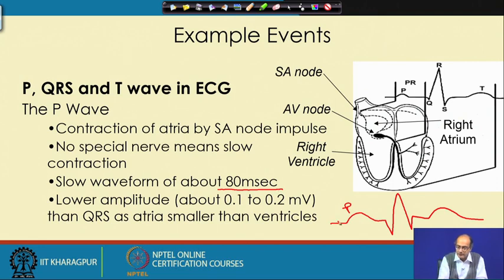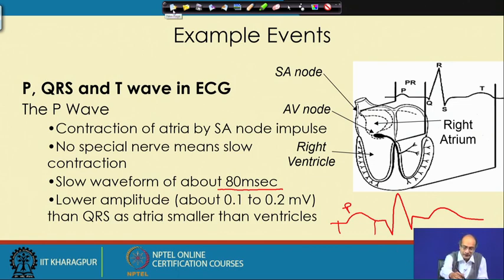It has a small amplitude, about 0.1 to 0.2 millivolt, especially small when we compare with the QRS complex. However, if we compare with other signals like EEG, which are at microvolt level, then you would feel that the P wave also has a lot of strength.